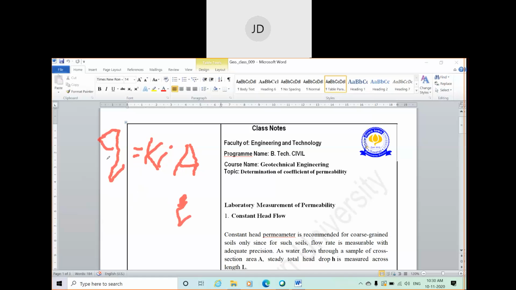Q is your rate of discharge, or discharge per unit time, or rate of flow, whatever you say, which is proportional to the hydraulic gradient and cross-sectional area perpendicular to the flow. When you replace the proportional symbol with an equal symbol, it becomes Q is equal to KIA.